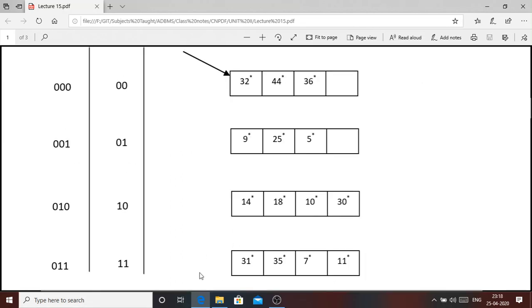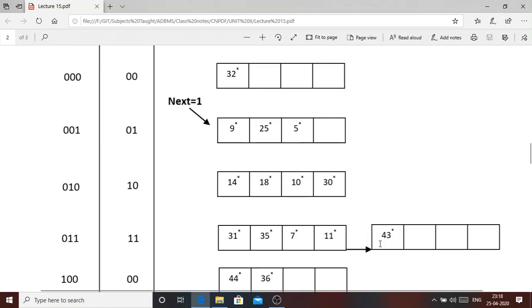So an additional overflow bucket is added here, and the value 43 is inserted there.